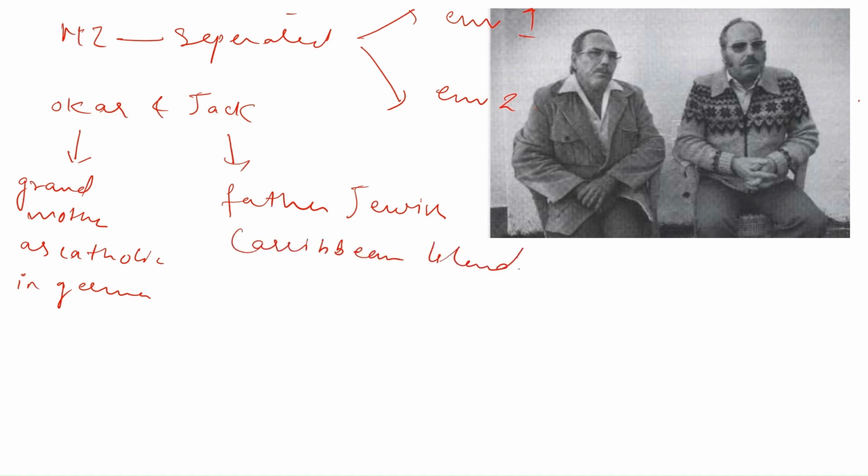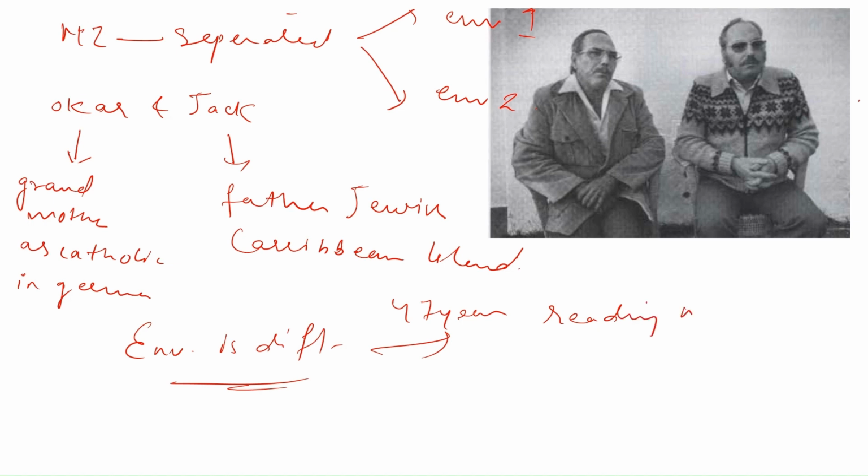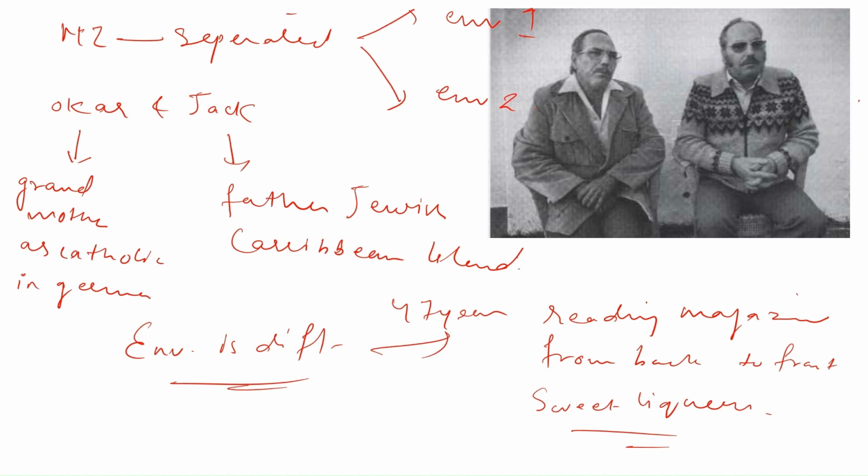That means right after their birth, the environment is very different. But after 47 years, it was noticed that some behaviors, like reading magazines from back to front, liking sweet liqueurs, etc., are the same among both.